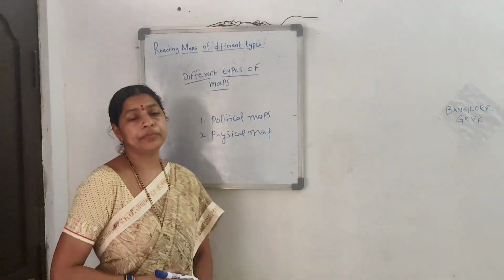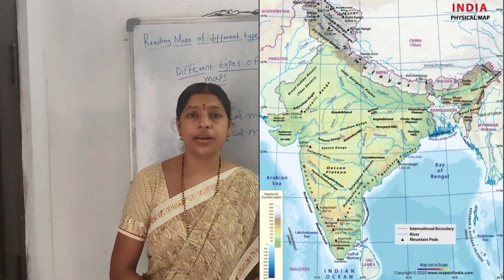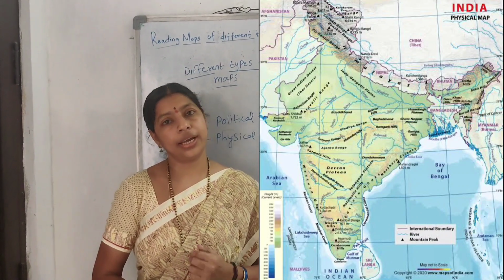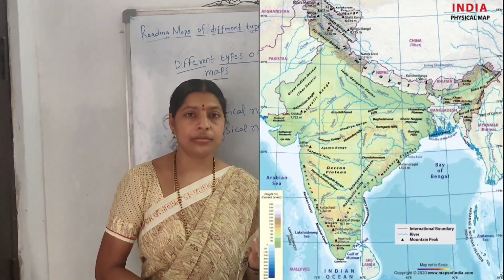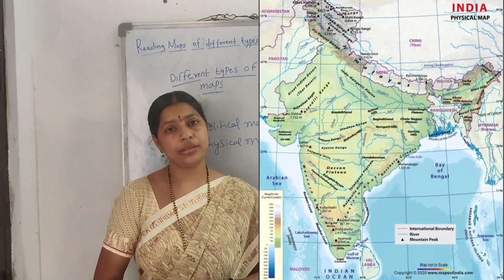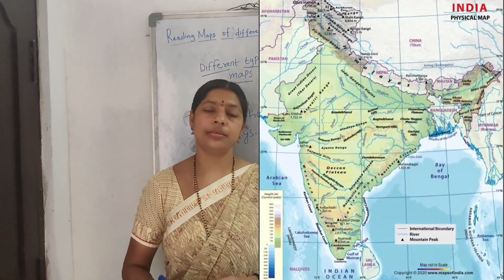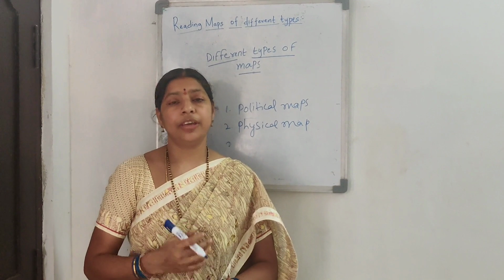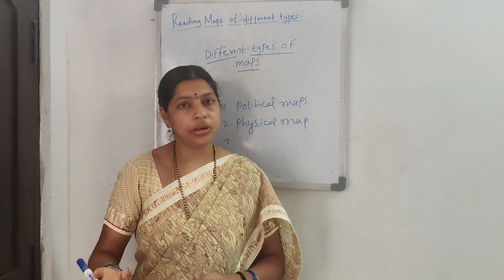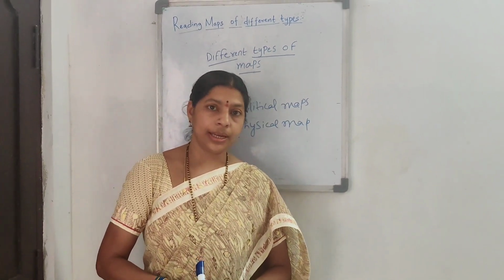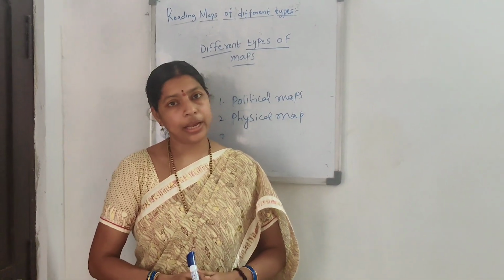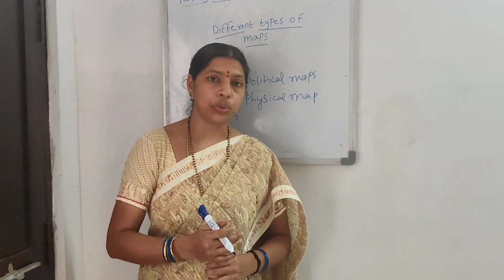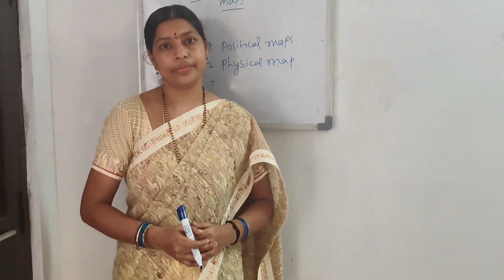A physical map shows physical features of a particular place or a country like mountains, hills, rivers, valleys, islands, etc. In a physical map, we can observe the different parts of land colored in green, brown and yellow. Water bodies are usually shown in blue color.